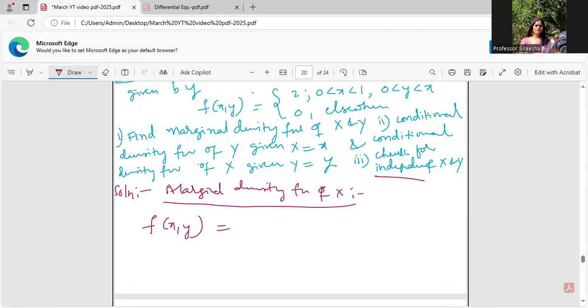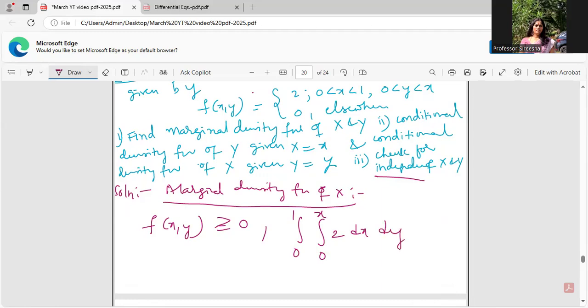The integrand is 2, and of course it's greater than or equal to 0 always. And then the double integral, x is ranging from 0 to 1, y is ranging from 0 to x, 2 dx dy is being given to me.